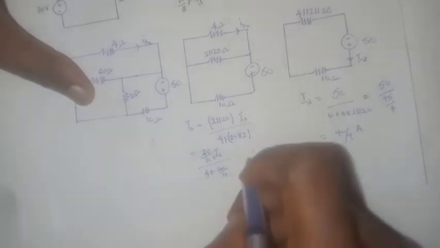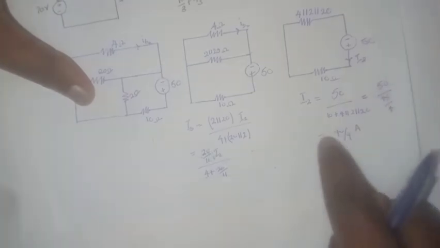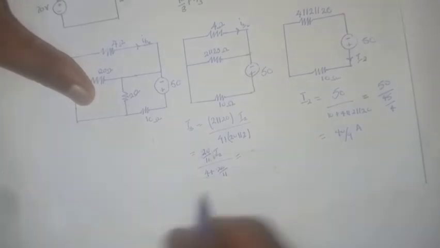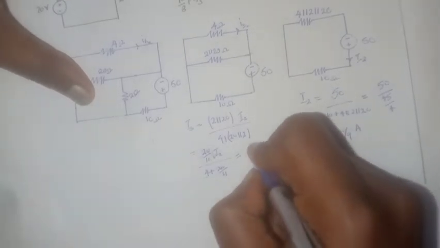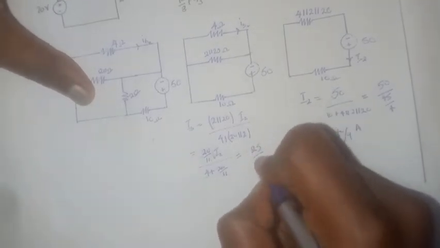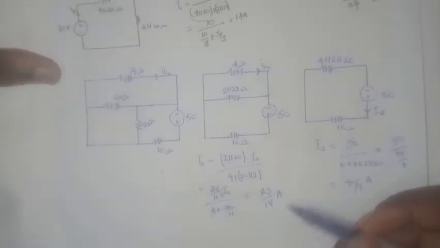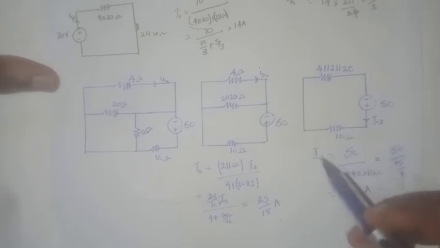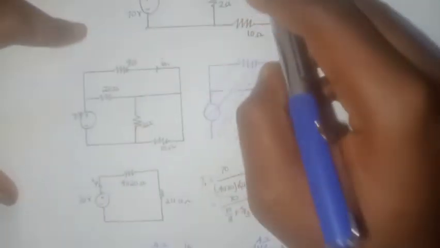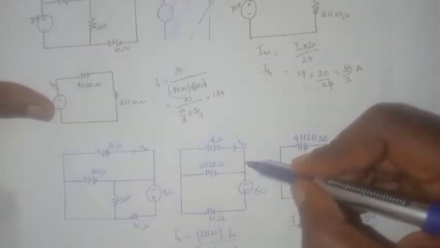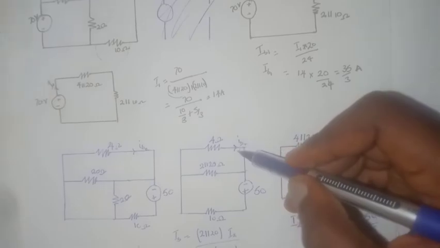If we put in the value of 40 over 9, everything should amount to 25 over 18 amperes. And then what we have here is the value of the current IB due to this power source, that is, the effect it has on generating current IB, which is IB2.